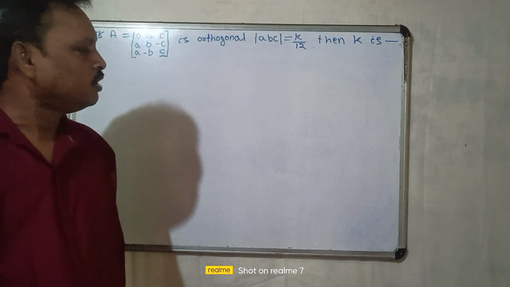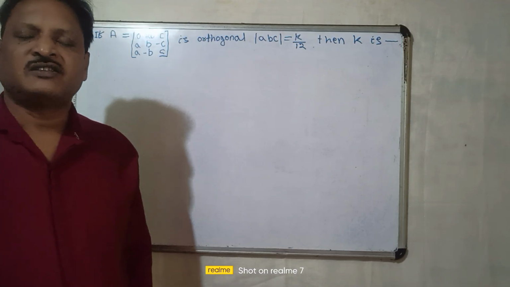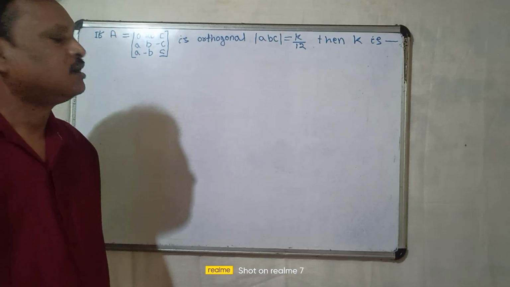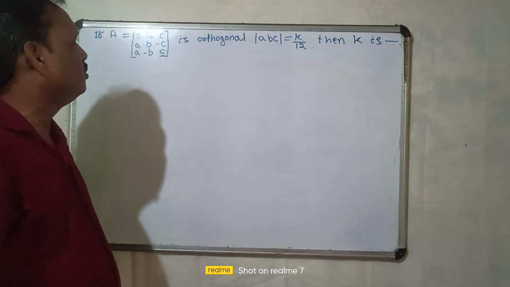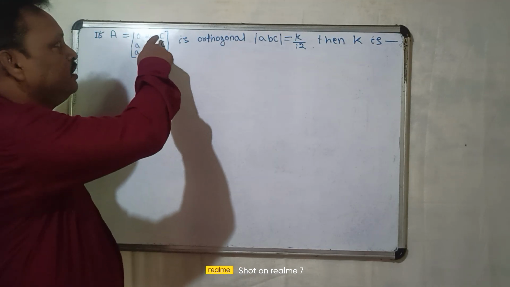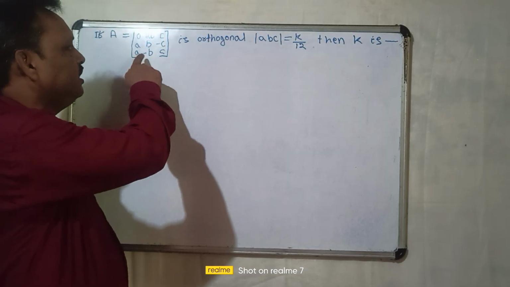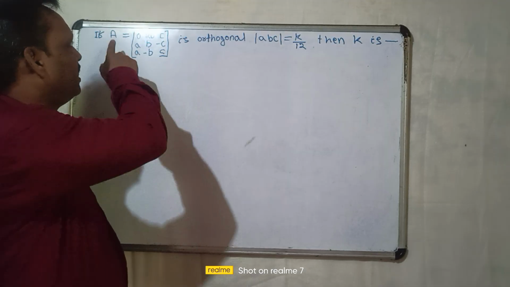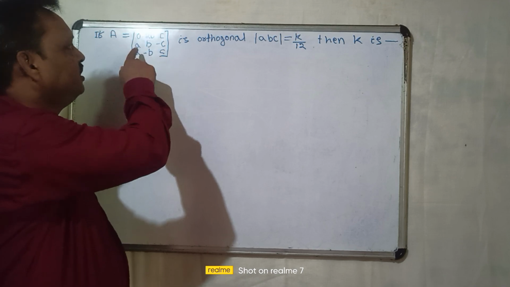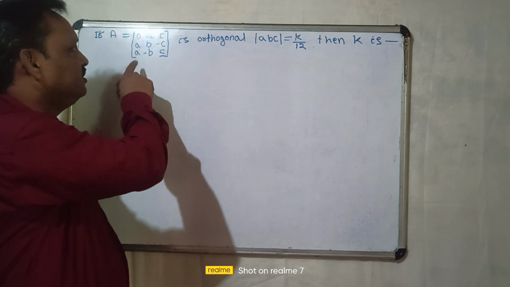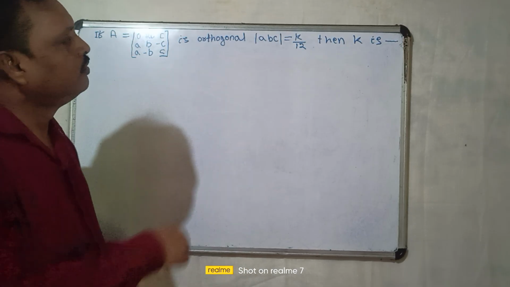Today we are going to learn how to solve JEE Mains and Advanced questions that you have sent me. Given question: matrix A is equal to [0, 2b, c; a, b, -c; a, -b, c] is orthogonal.